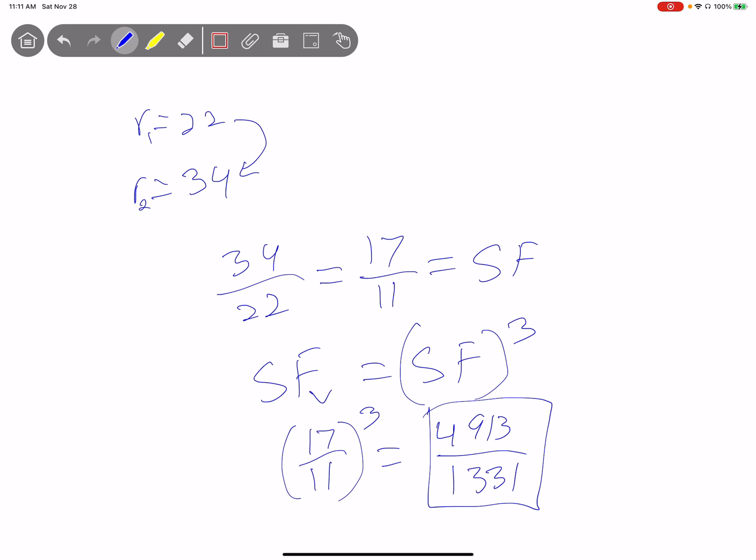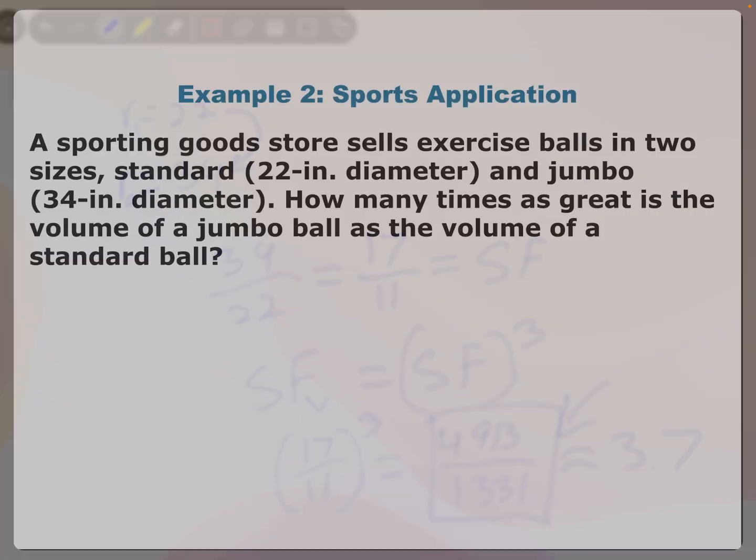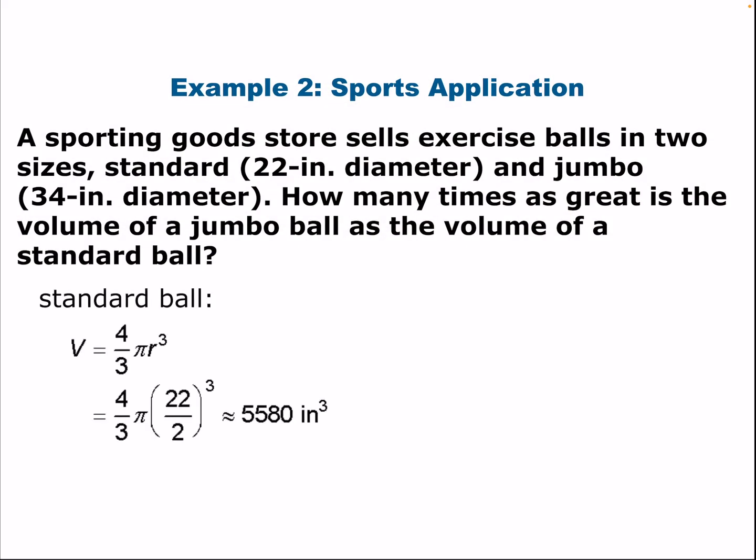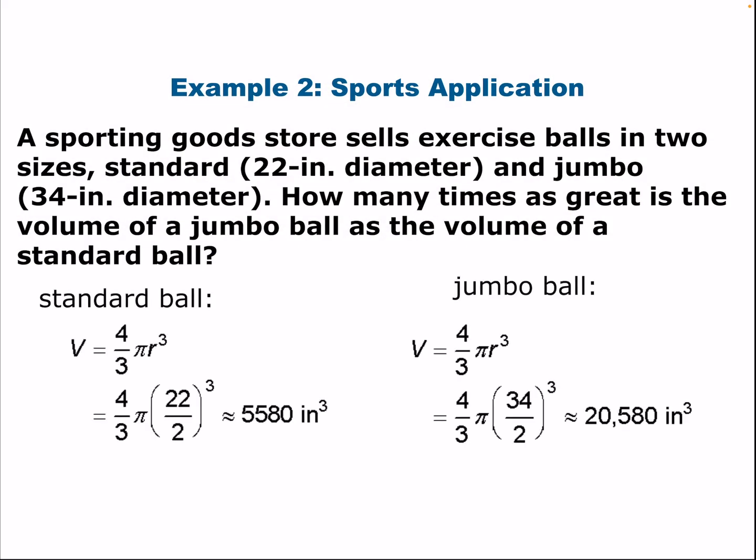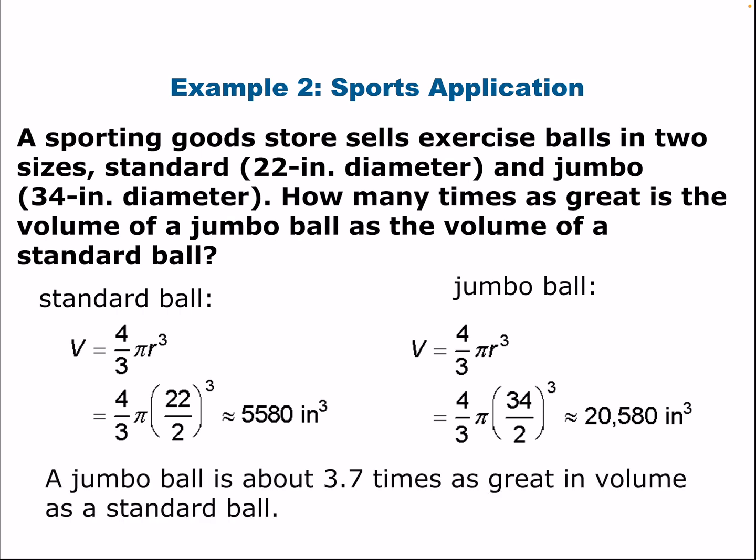This is how many times greater the volume of the jumbo ball is than the volume of the standard ball. If I estimated, this is going to give me 3.6 something, so it's about 3.7, but I want my answer to be more accurate, so we're going to go with 4,913 over 1,331. And again, you could have done it by finding all the volumes, and then dividing.